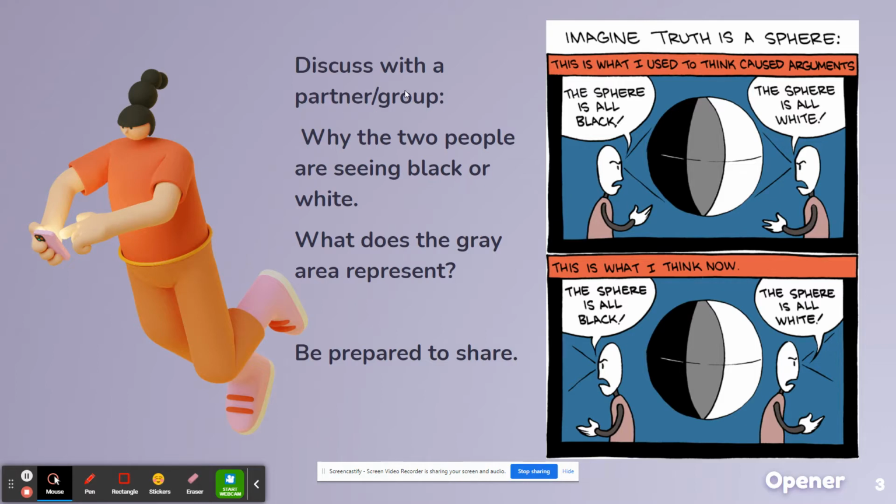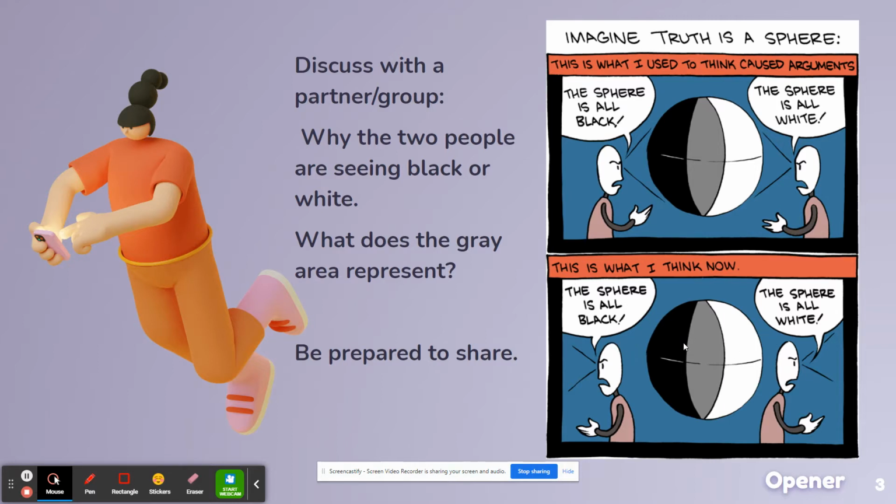So, for those of you sitting at home that may not have anybody to discuss this with, you can see that this person here can only see the black side, and this person here can only see the white side. And they're arguing because they have a different perspective of the sphere. And they get mad and walk away from each other thinking that they're both right.